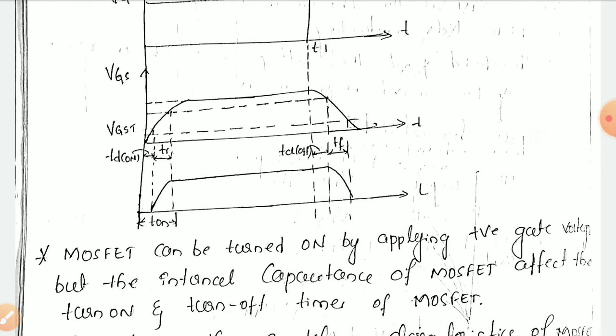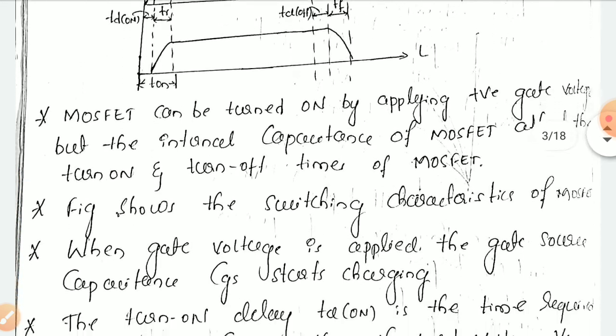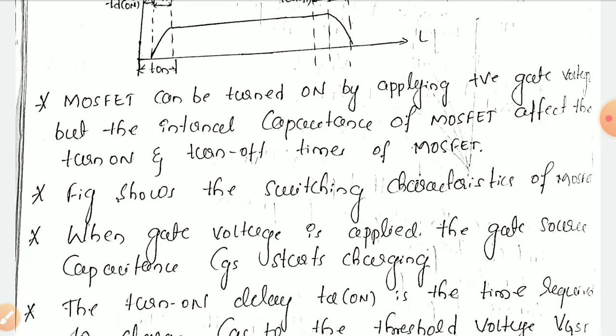If there were no internal capacitance, giving the gate pulse would turn it on and removing the gate pulse would turn it off. Because of the internal capacitance, the turn on and turn off times of the MOSFET are affected. The figure shown here indicates the switching characteristics of the MOSFET.